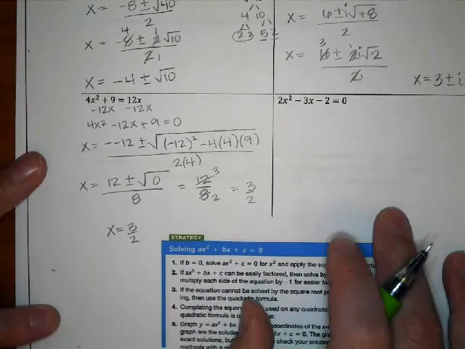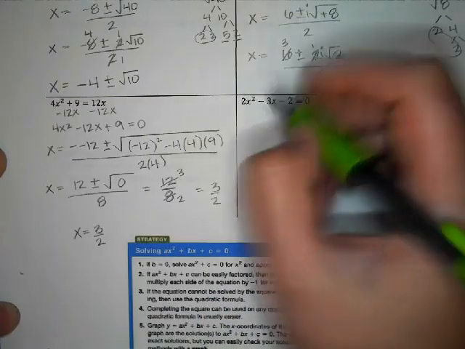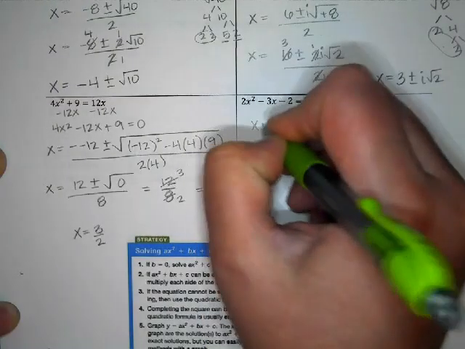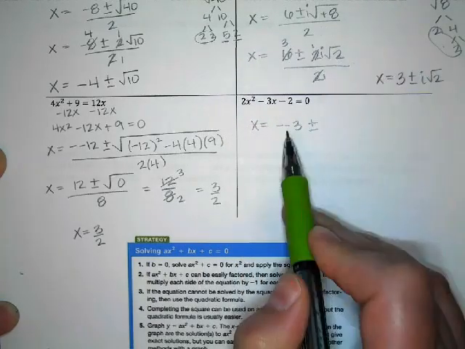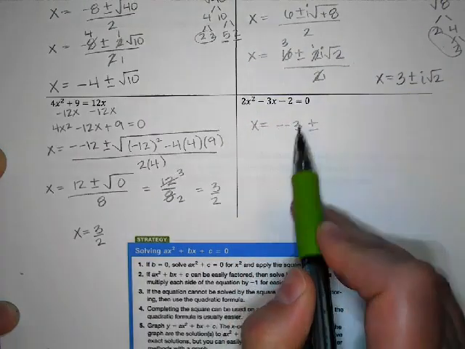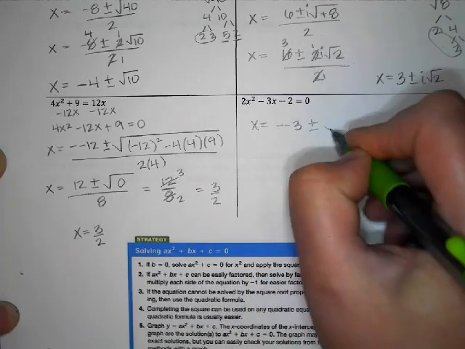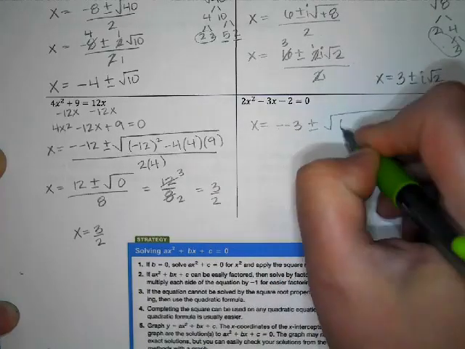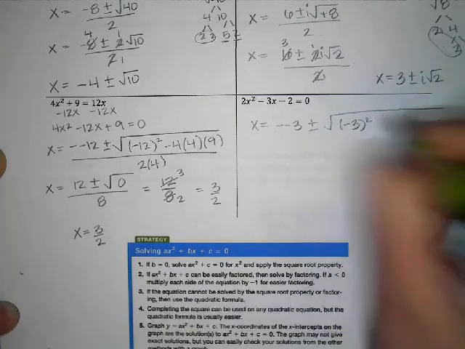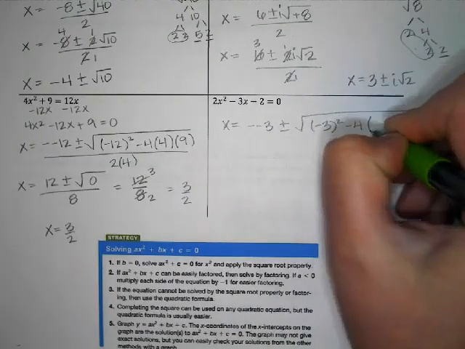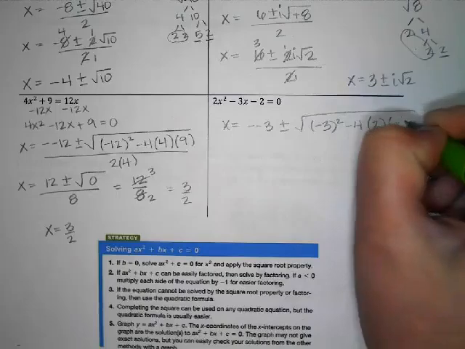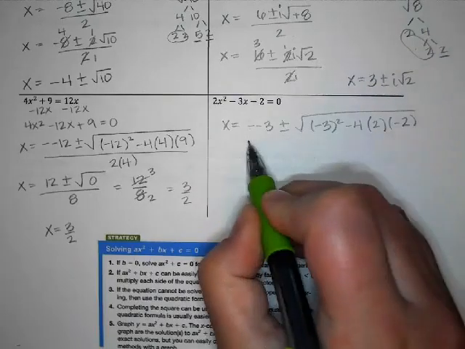All right, last problem. So we have x equals negative b. So my b value was negative, so I did the negative version of the b value, plus or minus the square root of b squared minus 4 times a times c, all divided by 2a.